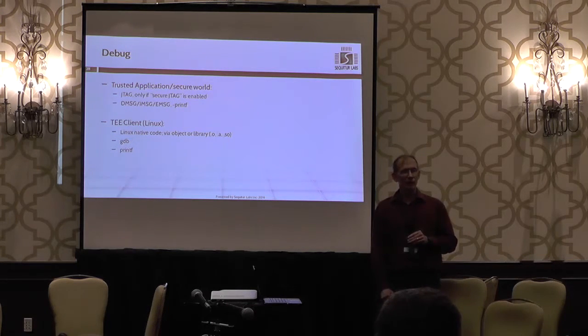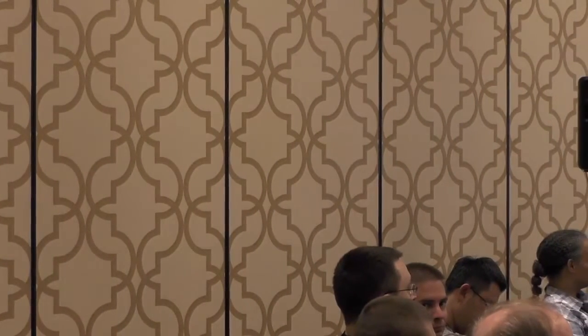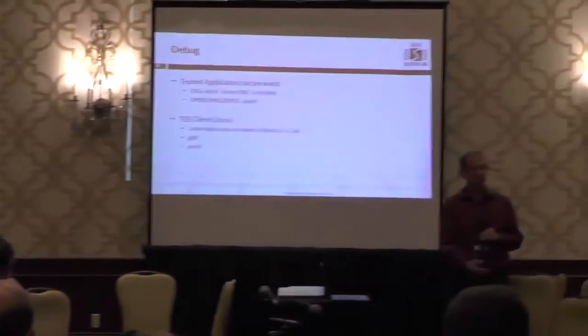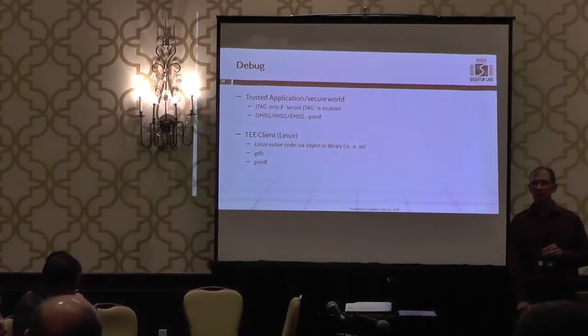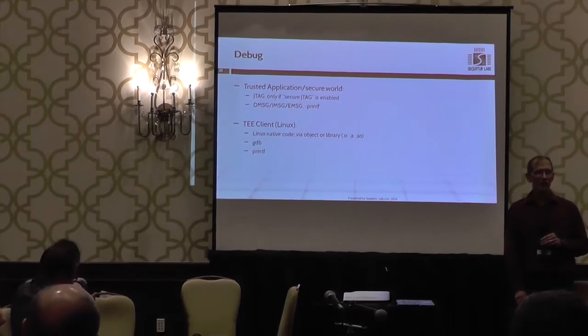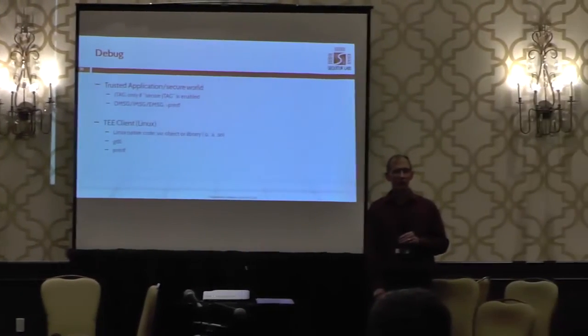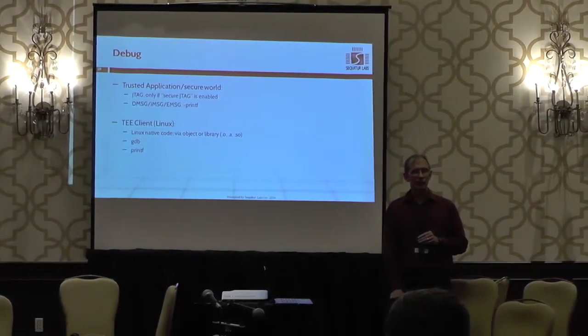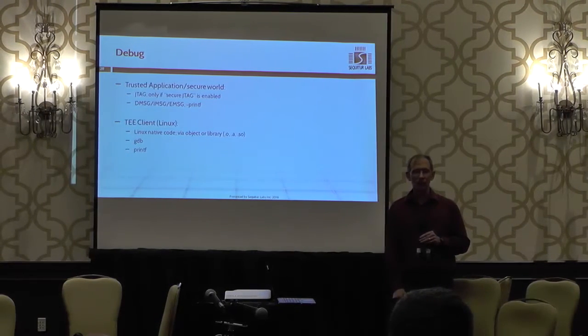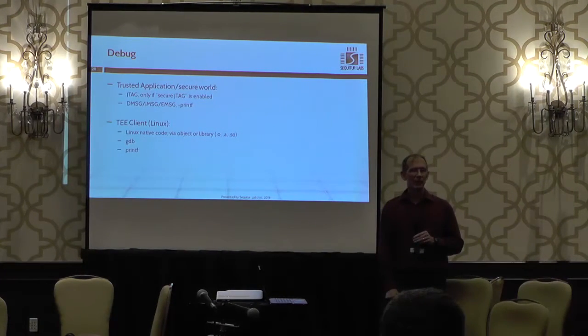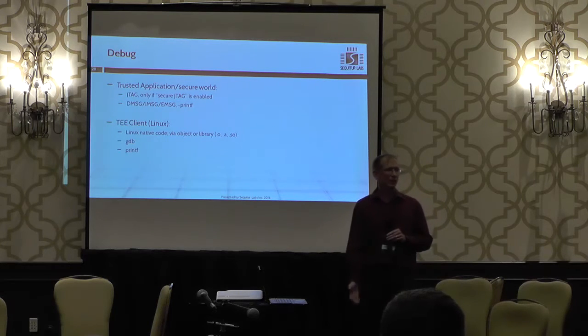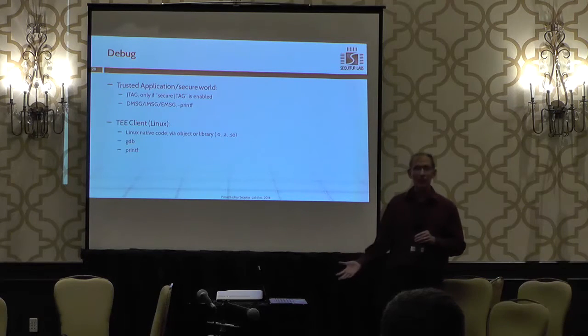So you may find if you buy a board that it may have the TrustZone populated or unpopulated, but whether or not you can actually JTAG debug in the secure domain depends on the SOC and the implementation. So you may find JTAG just will not work and it's not your fault. It's probably because it's been hard disabled. If you're shipping a device into the field, you almost certainly want to disable secure JTAG. You don't want anybody poking around in there. In fact, you probably want to disable all external debug. Worst case, if JTAG's disabled, you basically can run with dmesg or more or less printf. But it's better than running blind.